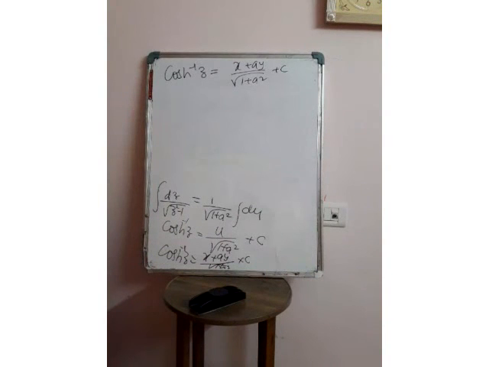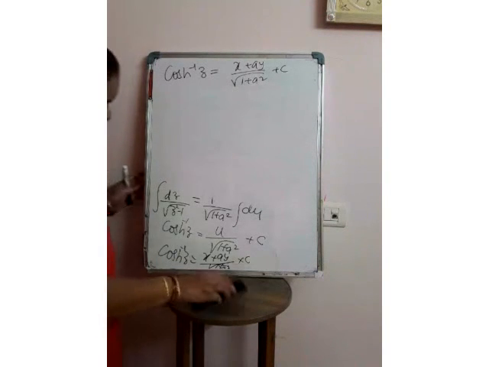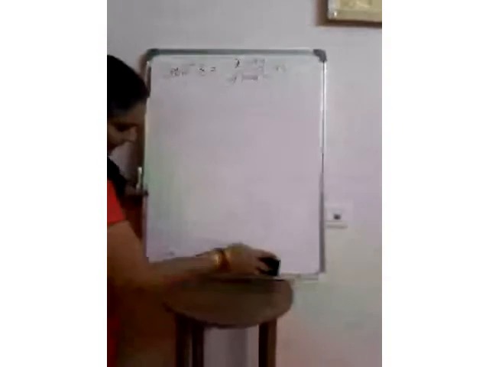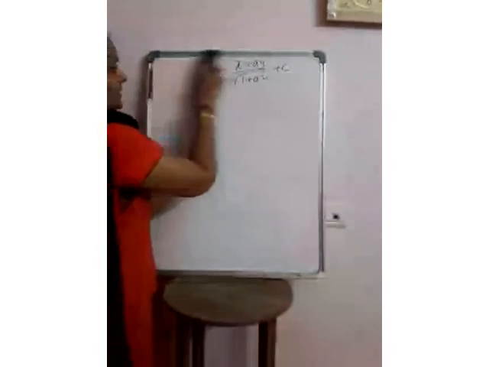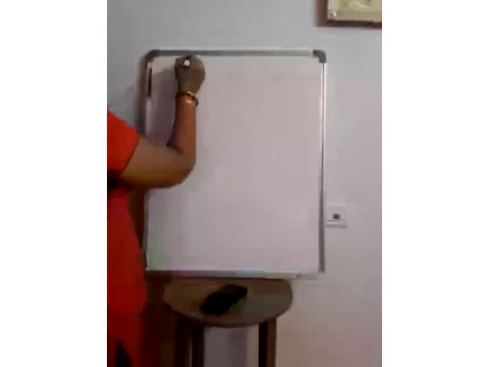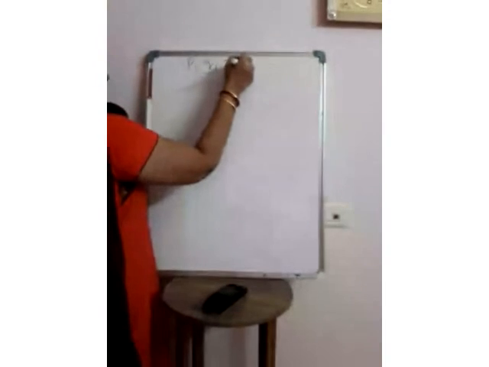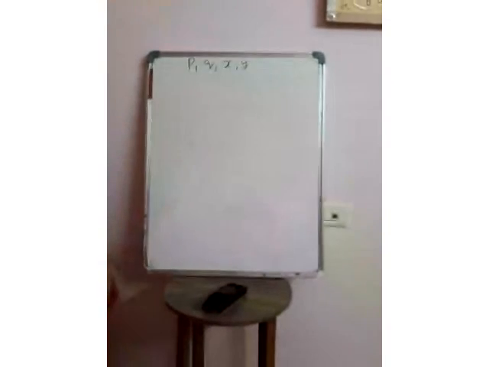Now I'll explain to you case 3, model 3. In case 3, we will have an equation consisting of p, q, x and y, meaning an equation without z.